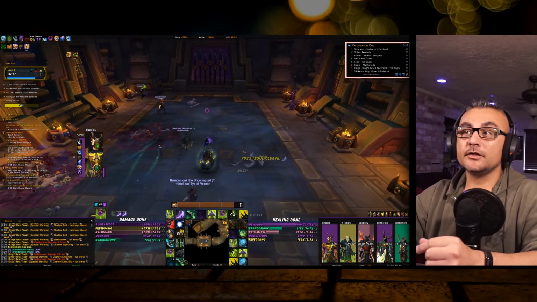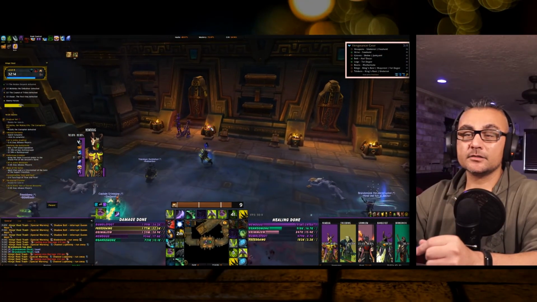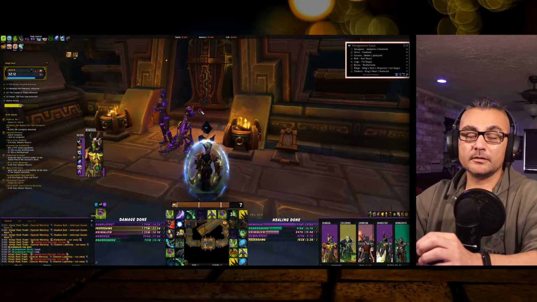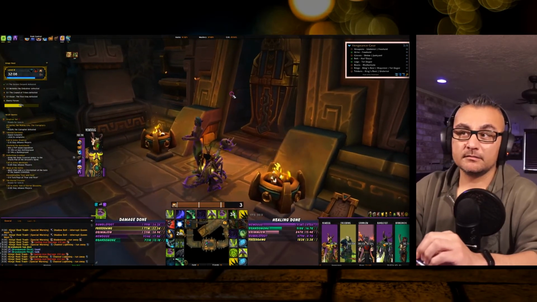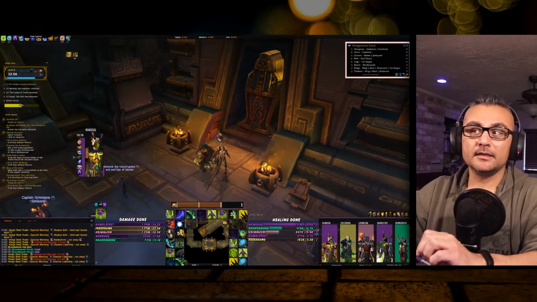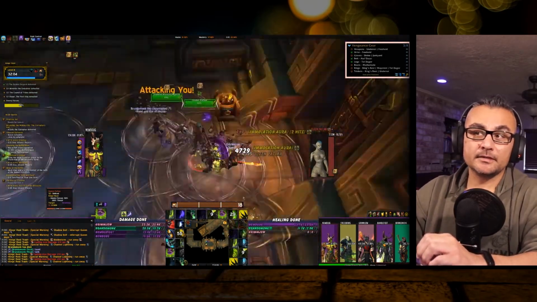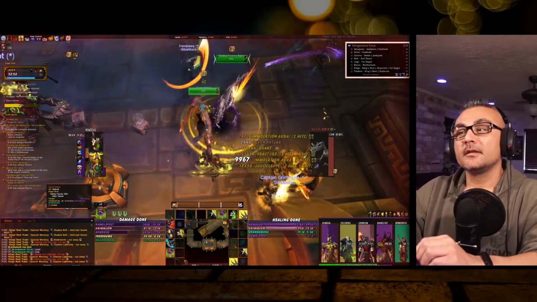If it's bursting, you definitely cannot just go around pulling incredibly large packs of mobs, because your DPS would be able to kill them fast enough, but you're just going to die because the stacks are bursting.